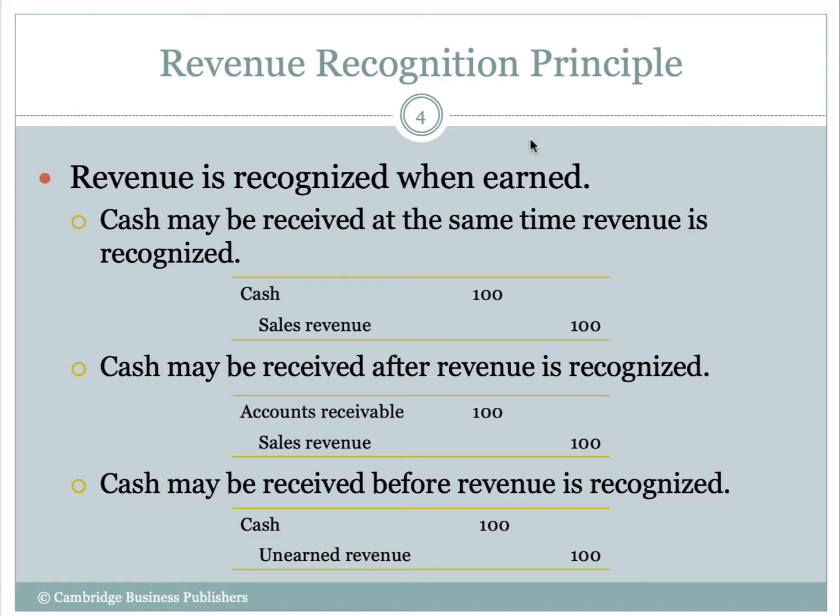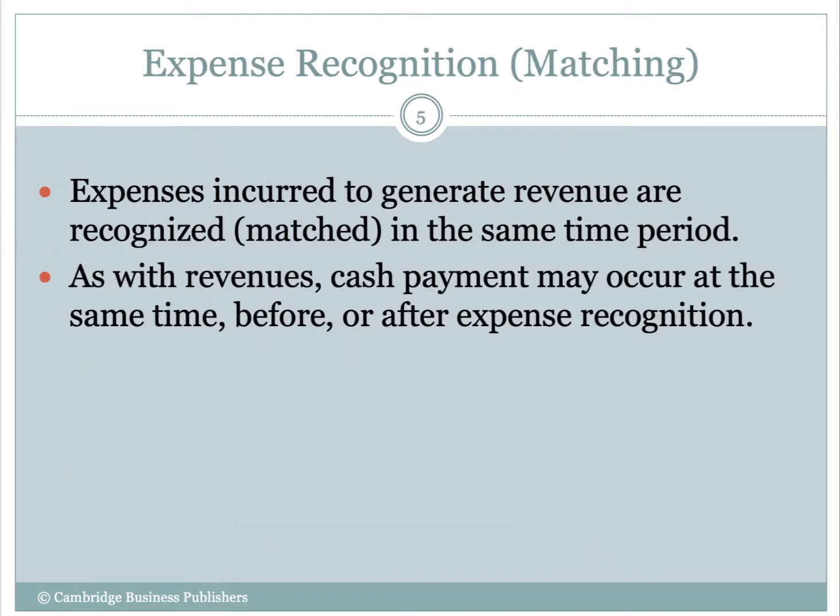Okay, so let's think about it this way. Bear with me here. We're going to do it on the fly. Let's say, for example, that we buy supplies to grow pumpkins, right? Seeds, whatever. Okay, so we have the cash that we pay for those, and we'll say we're going to book supplies.